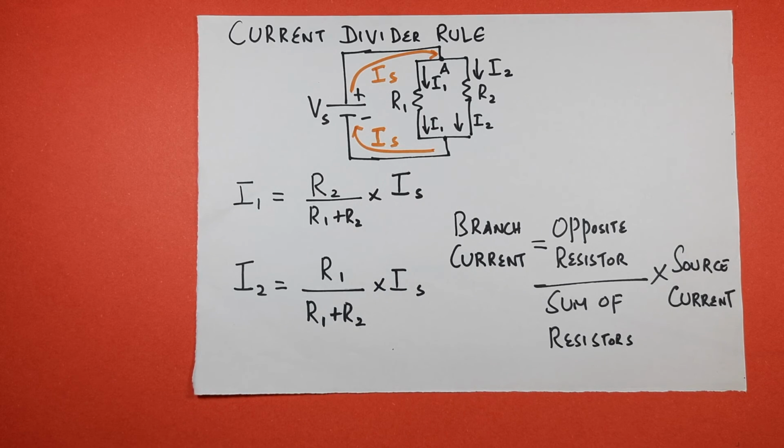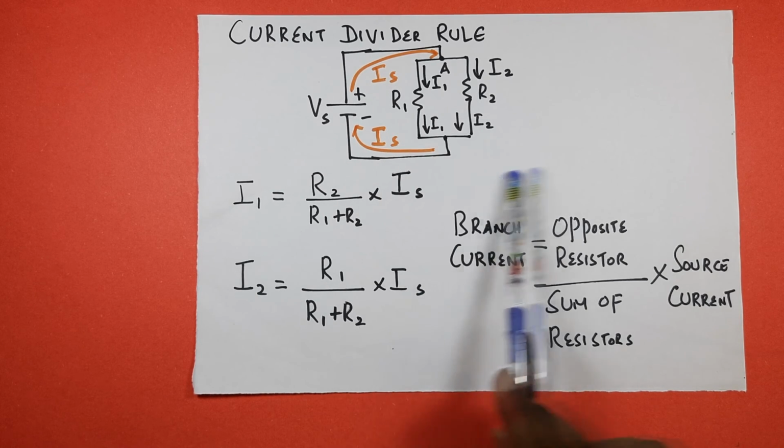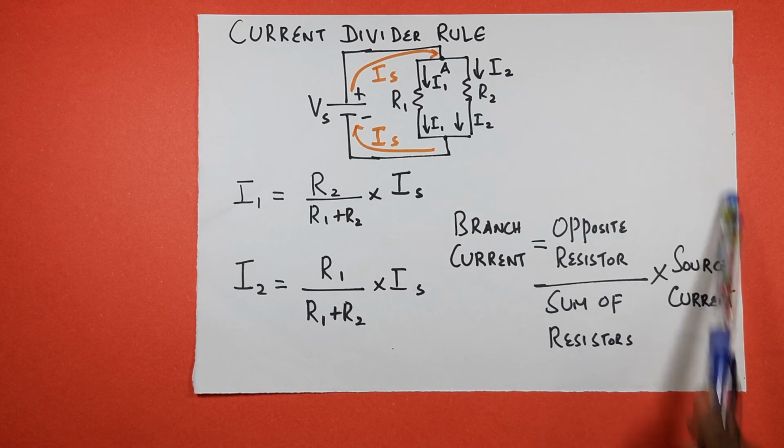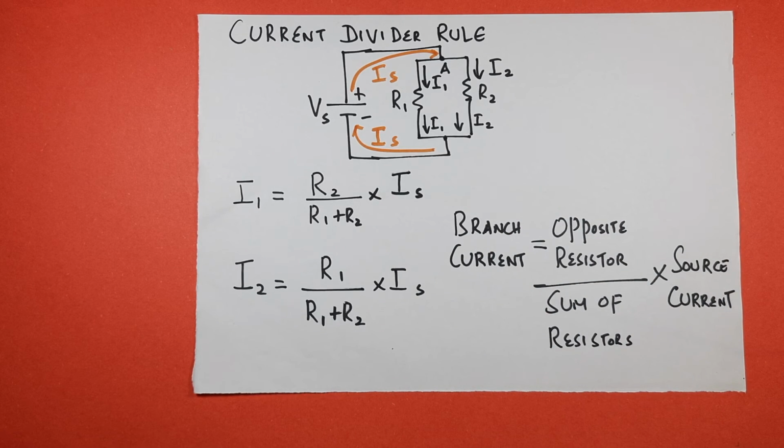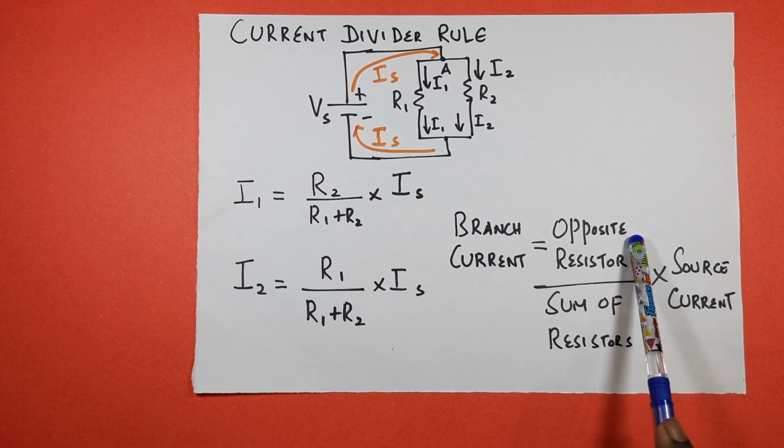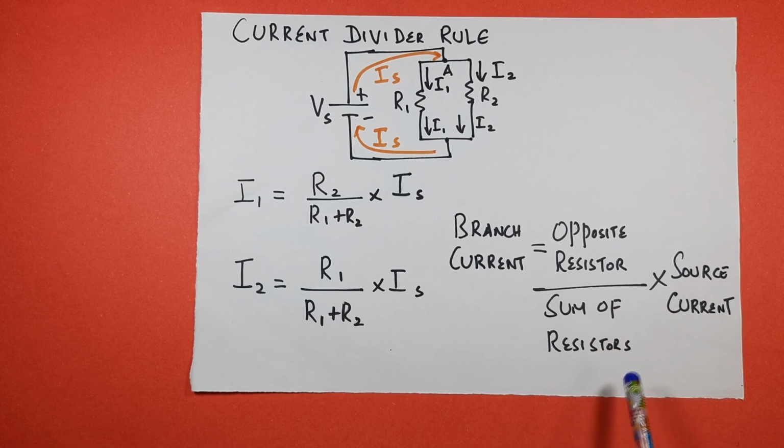Is is the current coming out of the source. You can call it source current also. So the formula to remember, I have written it in words so that you can easily remember. Branch current equals opposite resistor divided by sum of the resistors, multiplied by source current. Remember, it is a sum.